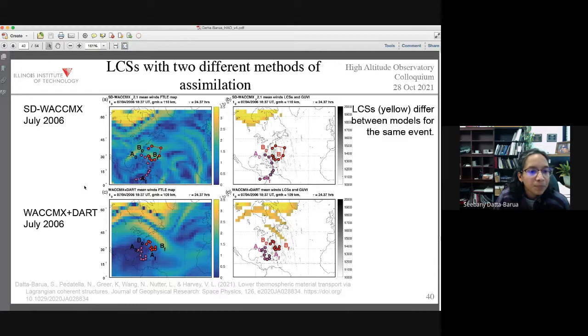And so what we see here is for this same event, same initial time and integration time, we get pretty different patterns of what the Lagrangian coherent structures are over the northern Atlantic, and different predictions of where those tracers go as well.